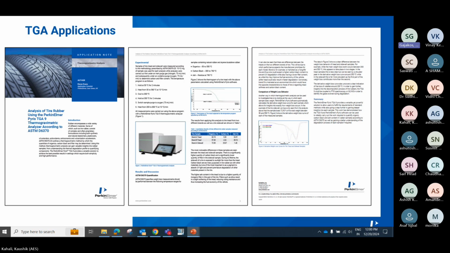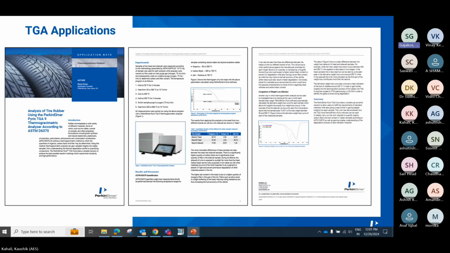So what we can understand from this analysis is that the tread part of the tire consists of more polymer or organic substance, whereas the sidewall contains more carbon black. The tire industry has to take care of these things, because the tread is mostly in contact with the roads, and it has to be more reliable and long lasting.